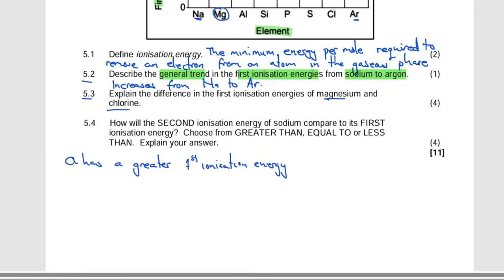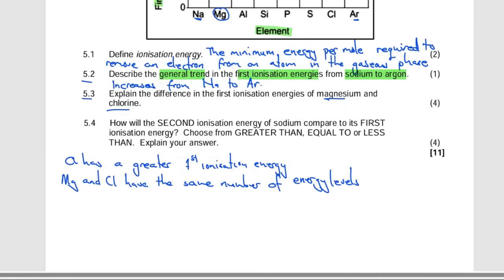Then I'm going to proceed and say chlorine and magnesium, Mg and Cl, have the same number of energy levels, right? Remember, they are within the same period, so the energy levels are the same.